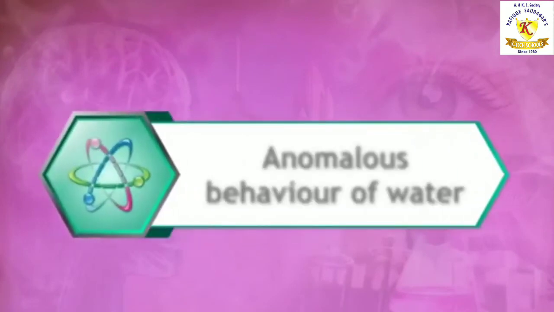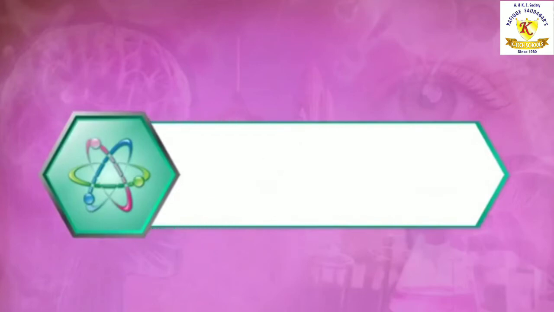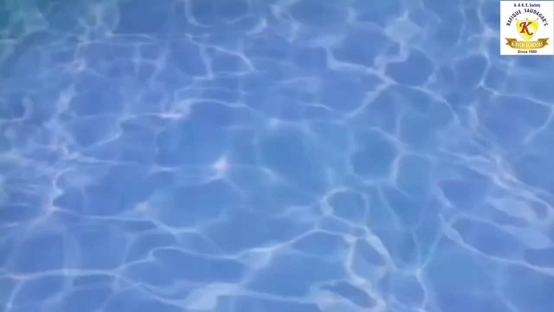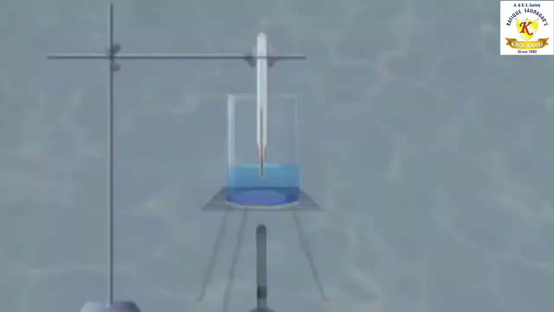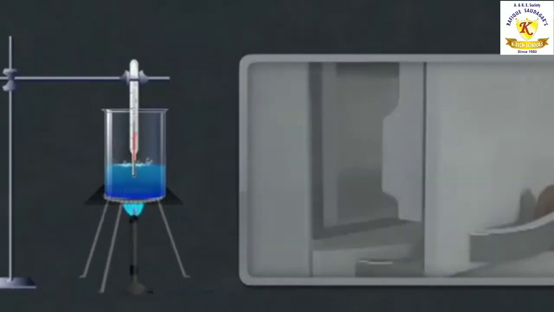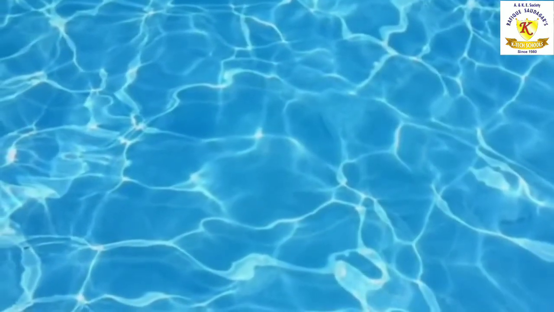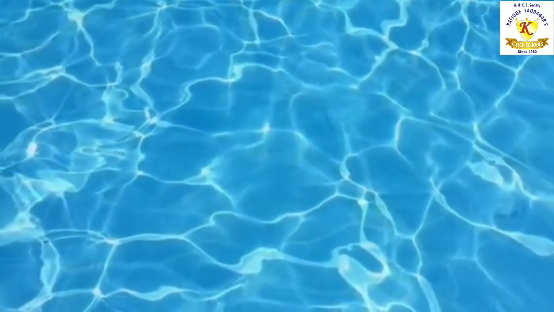Okay, now the next one is the anomalous behavior of water. In general, when a liquid is heated up to a certain temperature, it expands, and when it cools, it contracts. Water, however, shows a special and exceptional behavior.